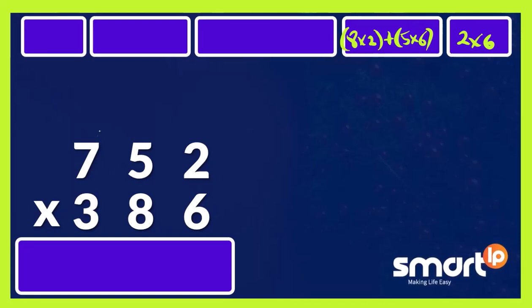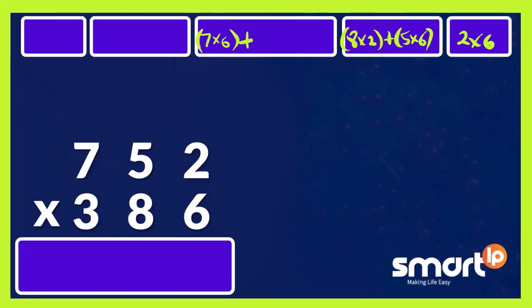Take the first digit in the first number and multiply by the last digit in the second number. So that's 7 times 6. Then plus.